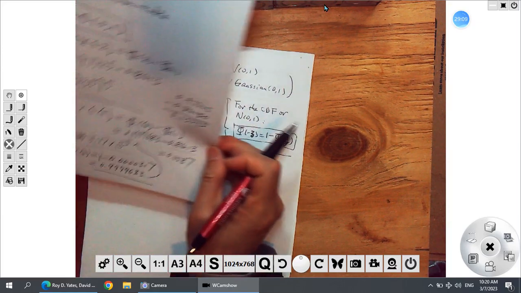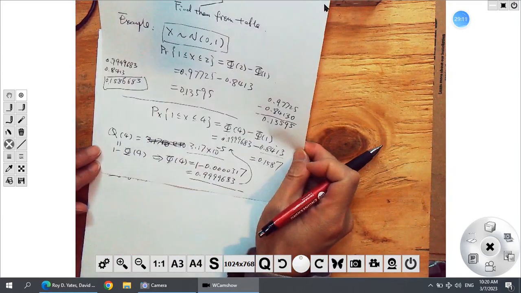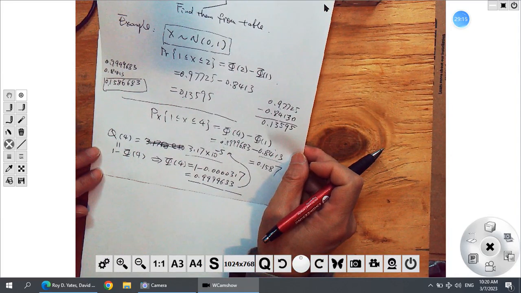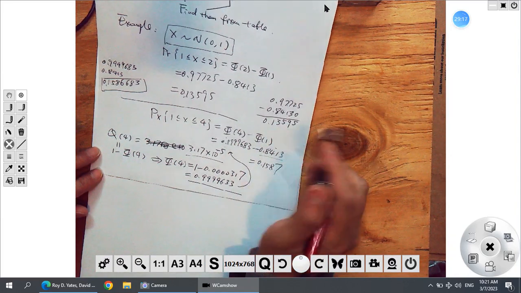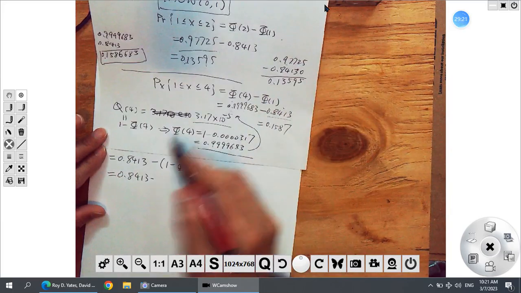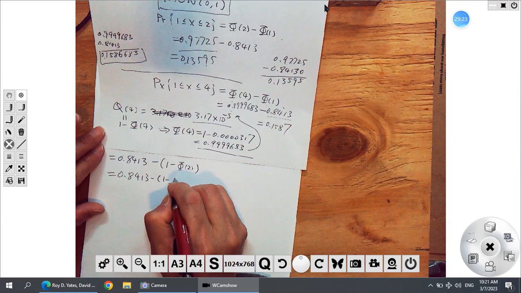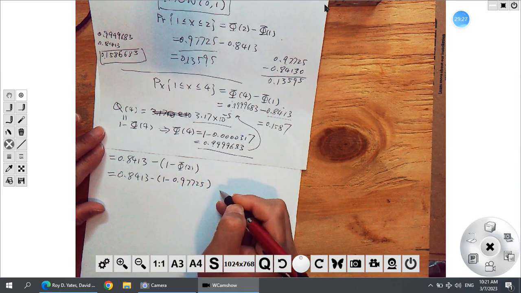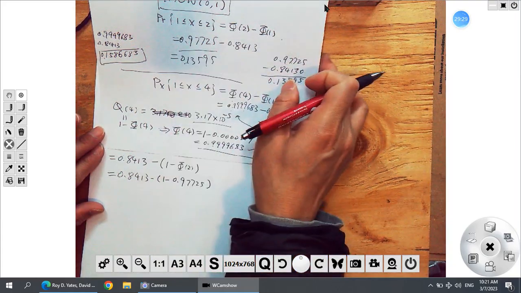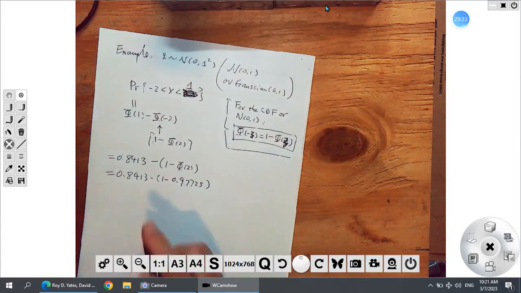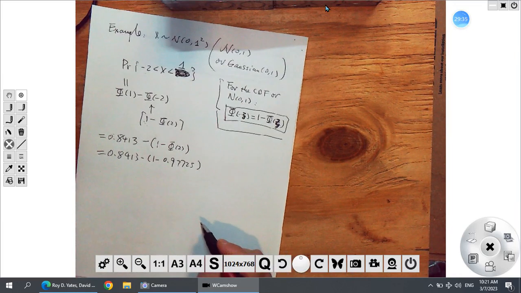Phi 2 is 0.97725, so it's 1 minus 0.97725. We can find them directly from the table, but we already have them from the table, so just like this. Then we do a calculation.